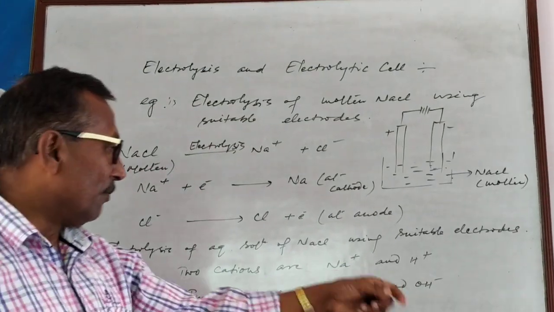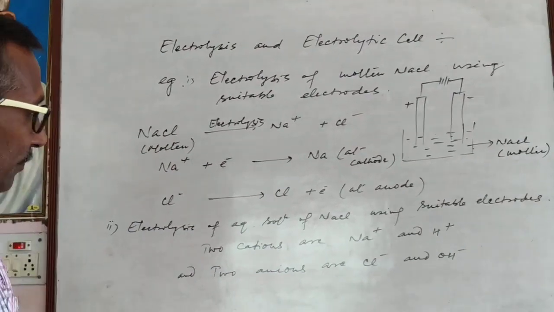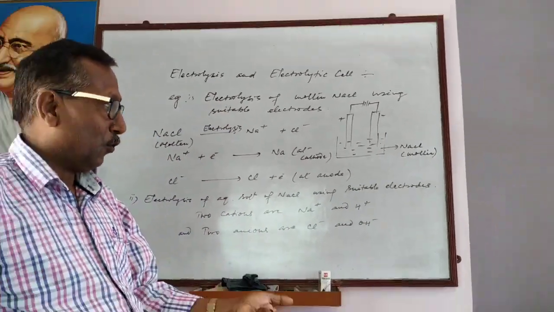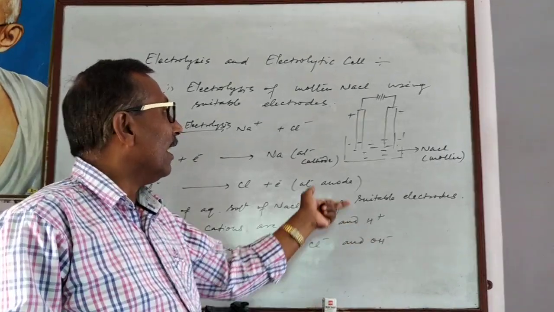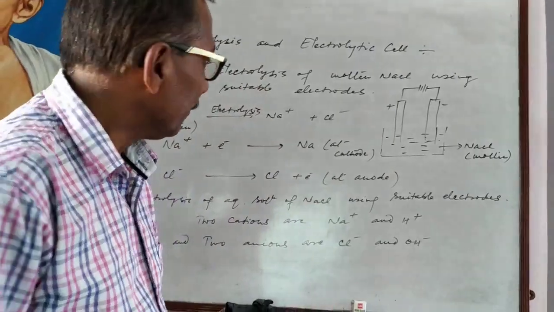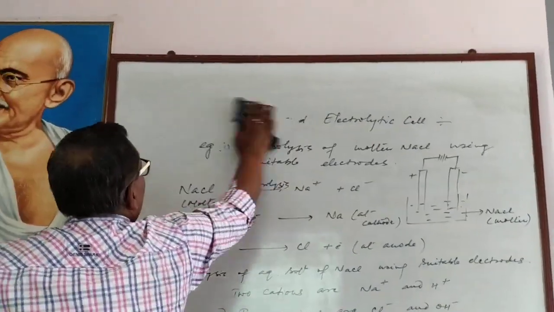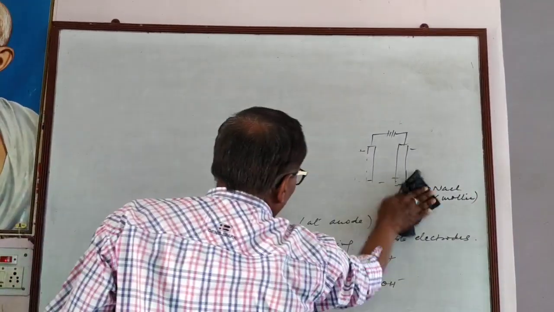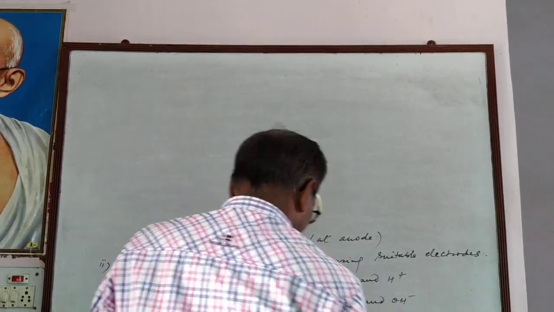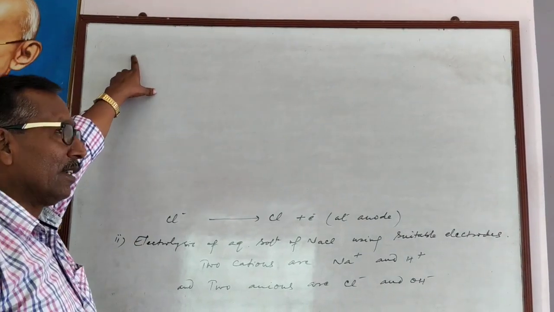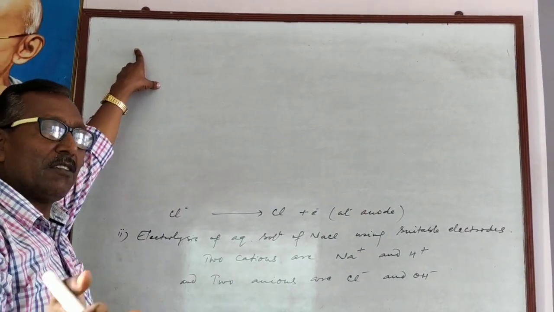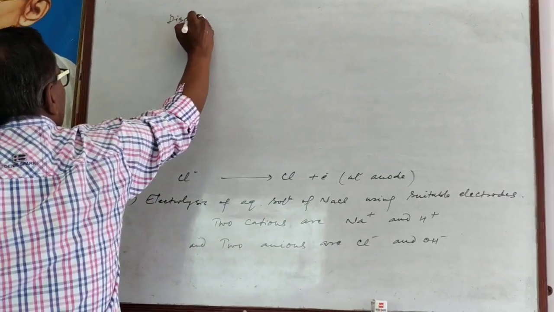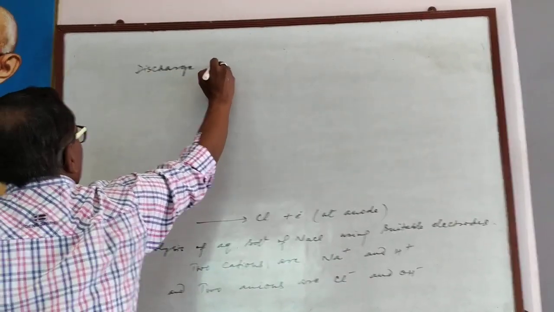Now, with the help of discharge potential, which cation or which anion will be preferentially collected at cathode and anode, this is based on the fact that lower the discharge potential, greater will be the tendency of an ion to be deposited at respective electrode. So the term is discharge potential.